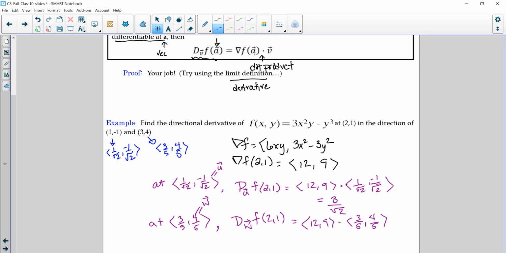I think that's 36 over 5 added twice, which is just going to be 72 over 5. And that's all we have to do. So nice shortcut way of finding the directional derivative.